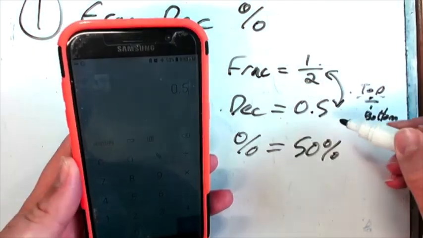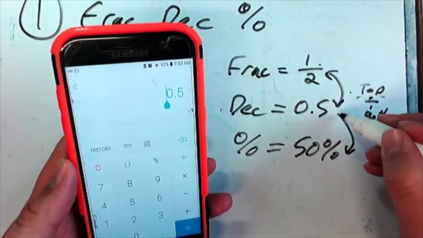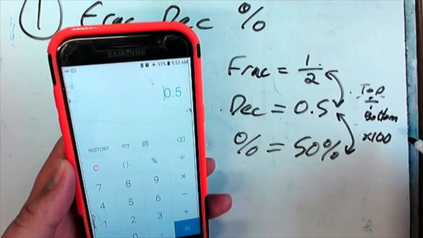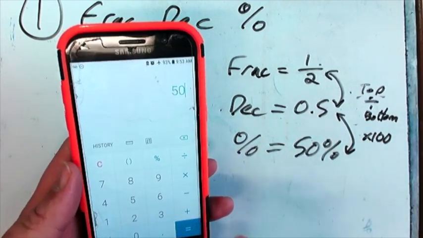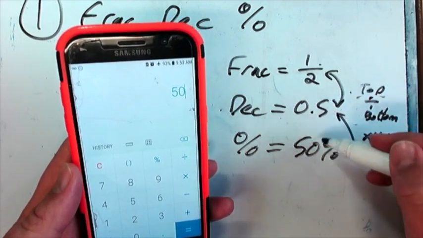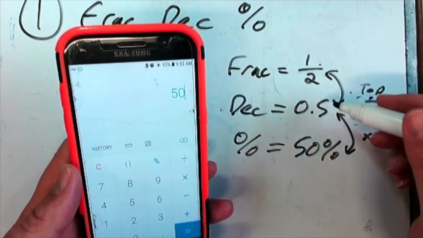Now, once you're in decimal form, then to go from here to here, you times by 100. So if I times this by 100, bango bango, 50. You'll see that this times 100 is this. Well, what does that mean if I want to go from percentage to decimal?